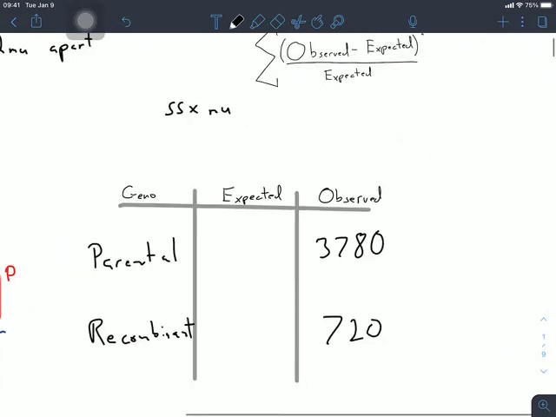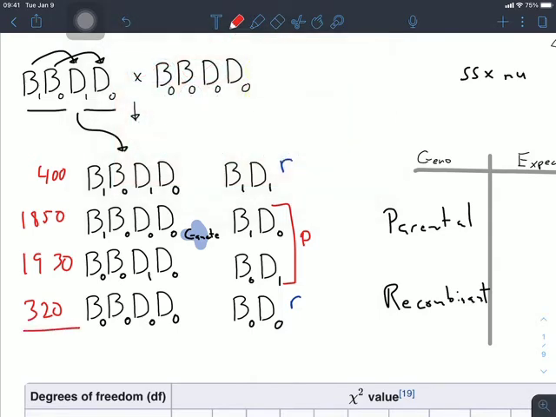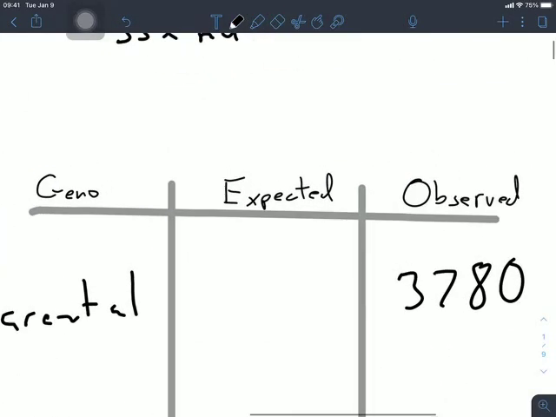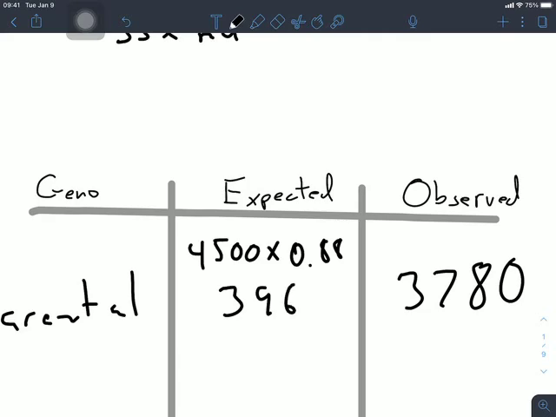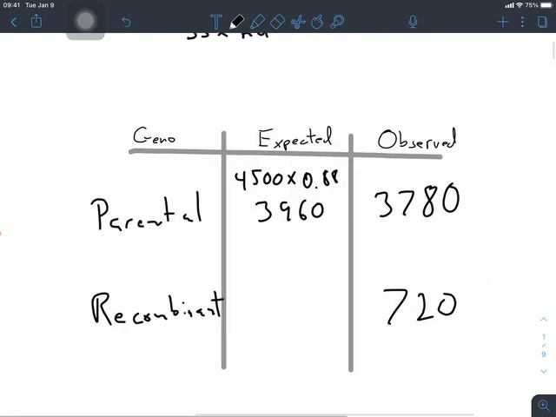So, with our total number of progeny, how many did we have actually? 4,500. We can see that our expected values should be 4,500 times 1 minus 0.12, or 0.88, giving us an expected number of 3,960 parental haplotypes.